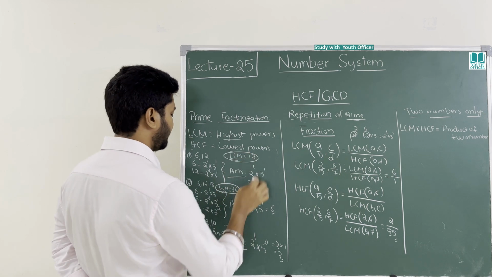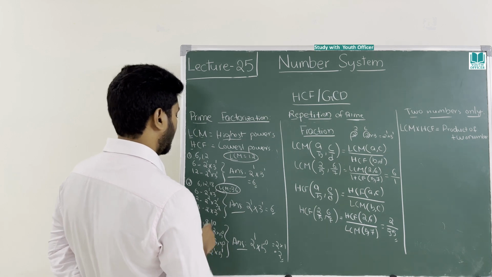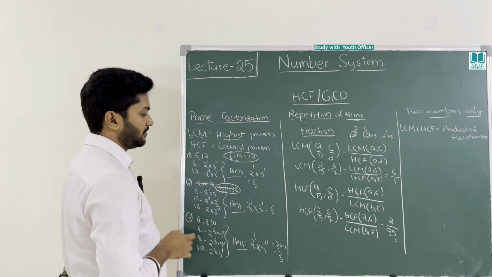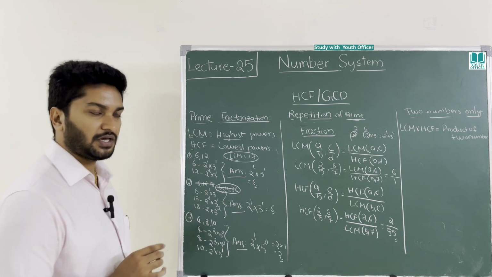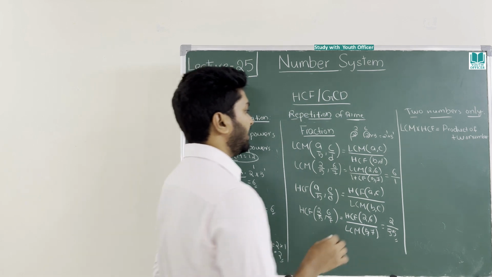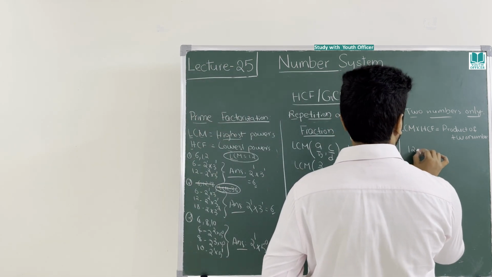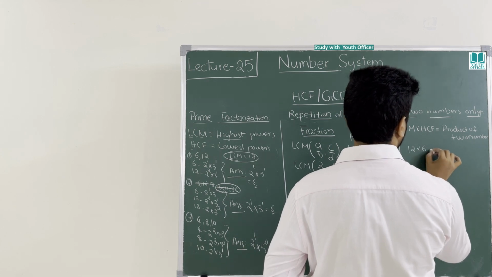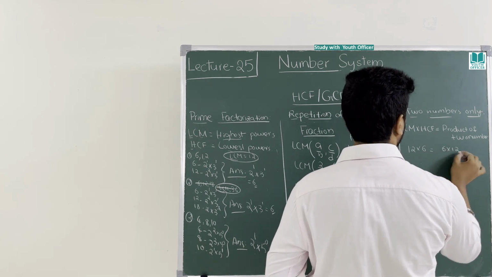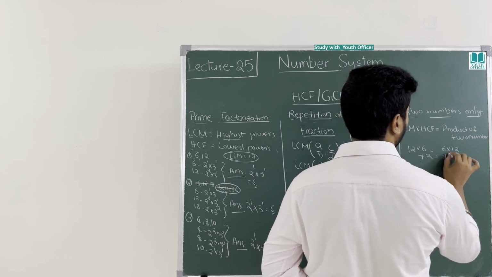But we are not supposed to take 3 numbers, so we will not take that. Only for 2 numbers we will see now. LCM we know, HCF we know. LCM is 12 into HCF 6, and the product of the 2 numbers is 6 into 12. So this is 72, and this is also 72.